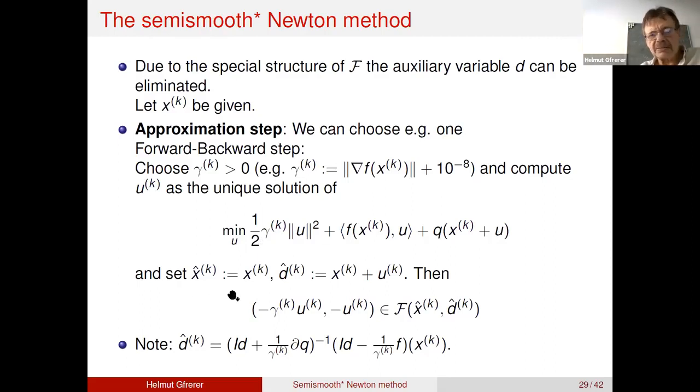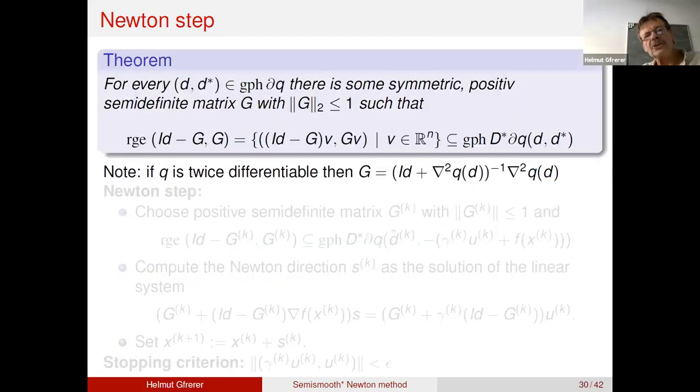Then we set x hat k equal to xk and d hat k equal to xk plus this uk. You can see with this formula that this d hat k is exactly the outcome of one forward-backward splitting step.